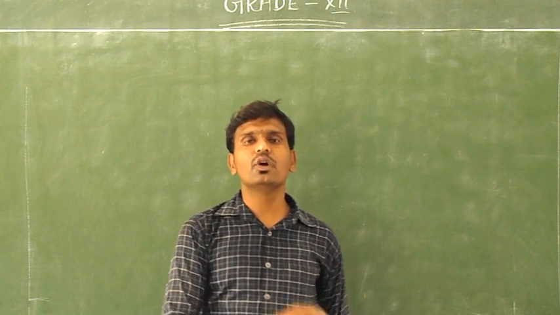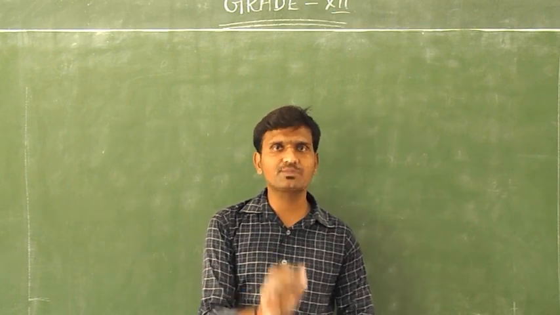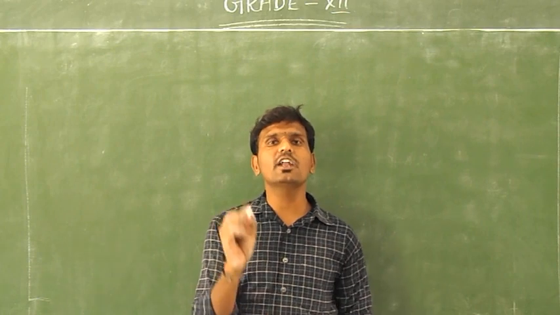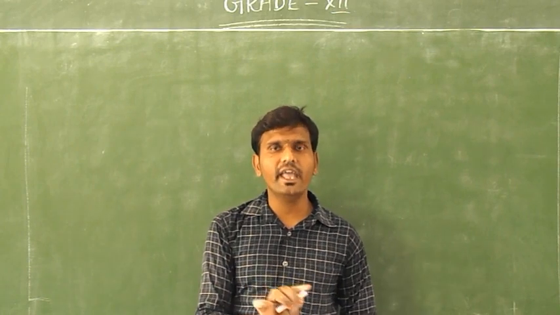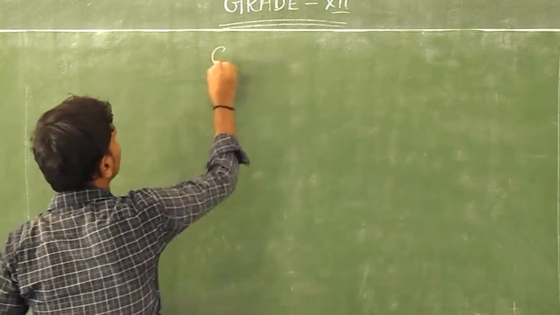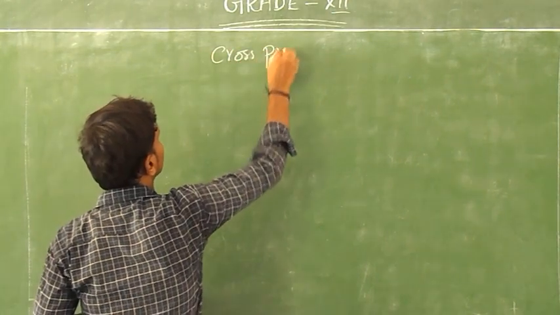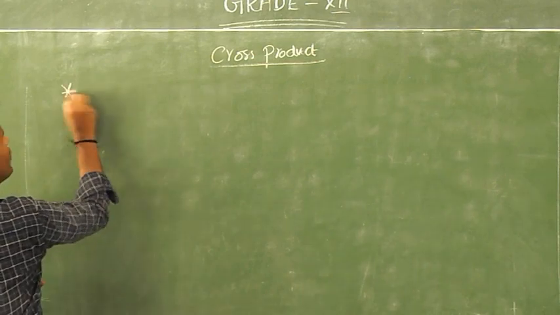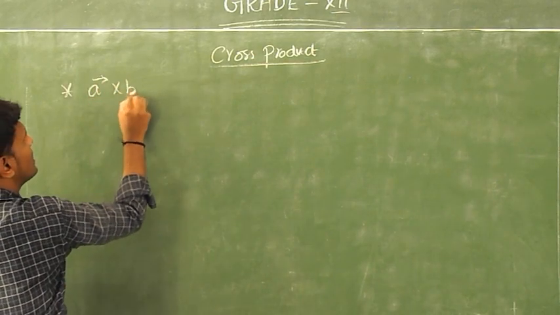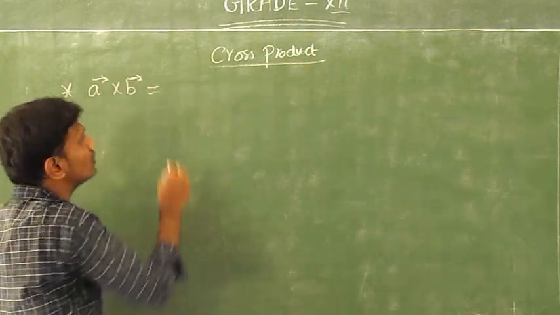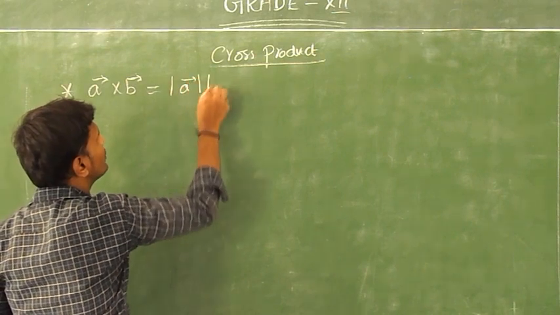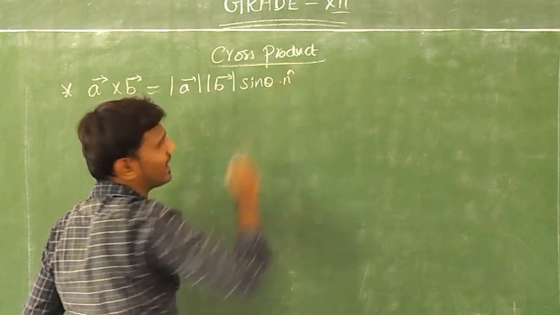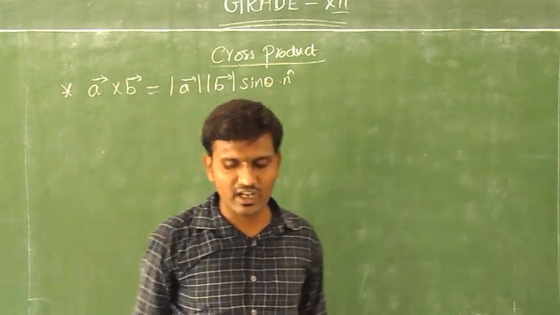So now, what is cross product? When the two vectors A vector and B vector are non-zero vectors, the cross product is defined as A vector cross B vector, which is equal to modulus of A vector into modulus of B vector into sin theta into n cap, where n cap is the unit vector.